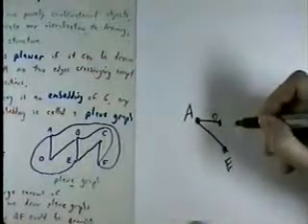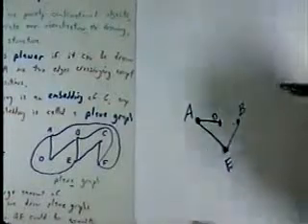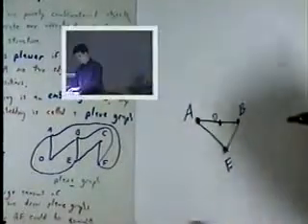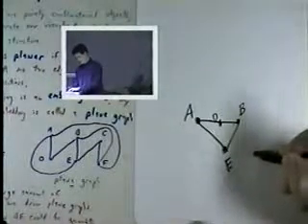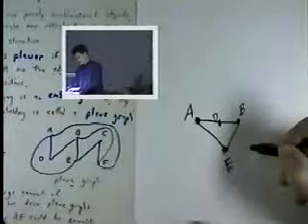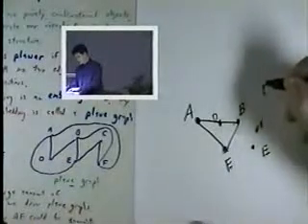I guess I would put B here and make an edge from B to D. And then, where should I put F? So let's see. I could put F here. Because F has got to be connected to A, so why don't we put F here? So go like that. And now that's pretty straight.